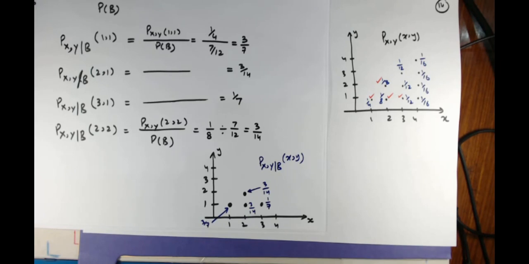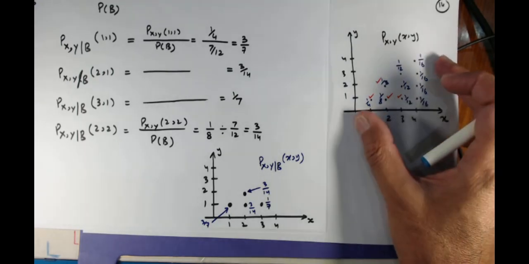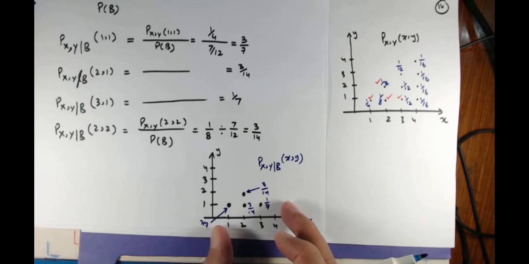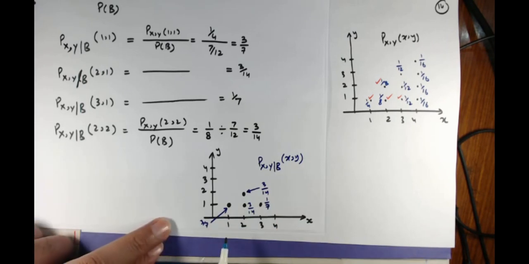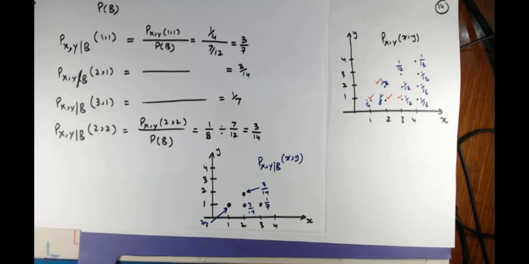Always note that no matter what type of distribution it is, the total sum of all the probability points within a distribution is always equal to 1. Total 1 here. 3 plus 3 plus 3, 3 plus 3 plus 2 plus 6. Total 14 by 14, so the sum is 1.